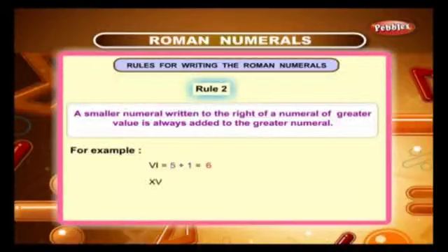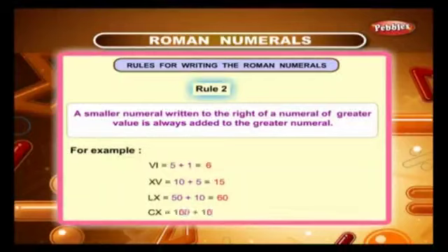Symbol XV is written as 10 plus 5, which is equal to 15. Symbol LX is written as 50 plus 10, which is equal to 60. Symbol CX is written as 100 plus 10, which is equal to 110.